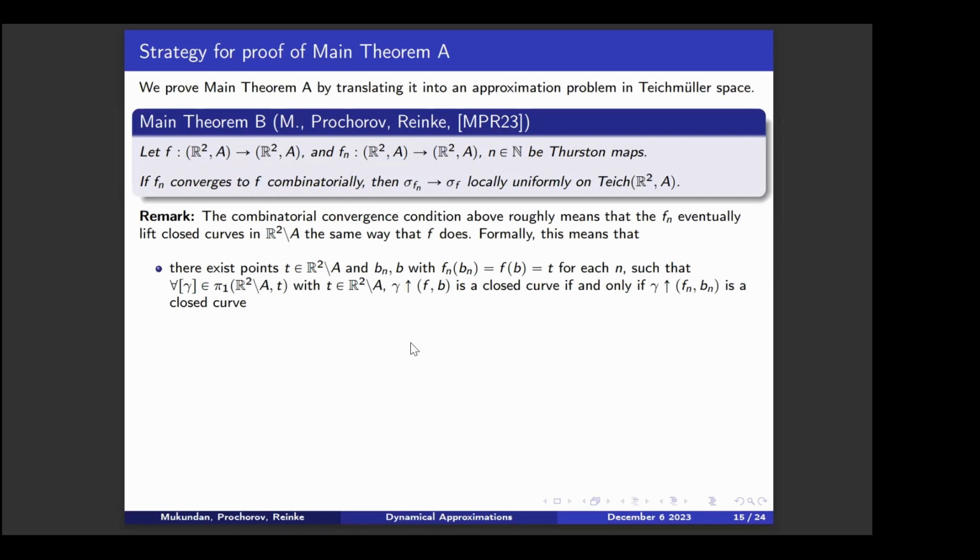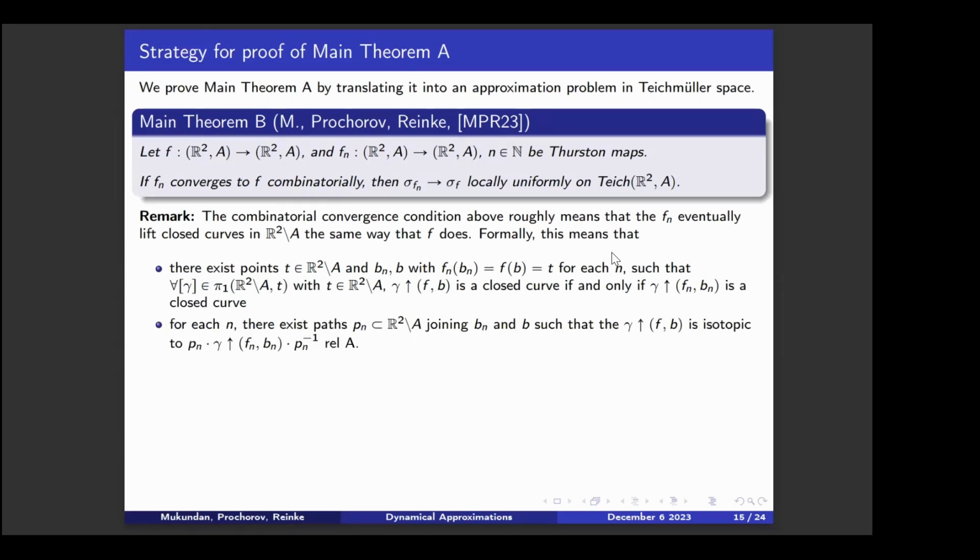So basically, what I mean is, if you have all these points B and Bn, so that if you take any curve in the codomain, based at T, and take the lift of the curve under F and base it at B, then that is going to be closed if and only if eventually when you lift it under Fn and base it at Bn, that's also closed. Okay, this is hard to describe without an image, and I'll show you an image in a minute.